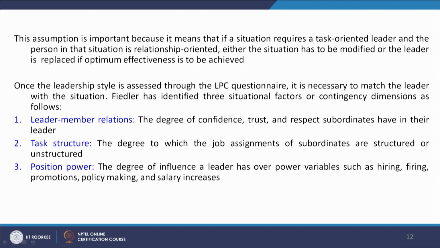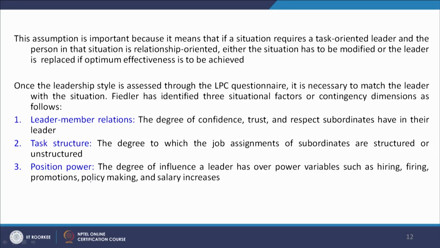So, we can say that this assumption is important because it means that if a situation requires a task oriented leader and the person in that situation is relationship oriented, that means there is a clash: in the situation a task oriented leader is required and the leader has a temperament of being relationship oriented.